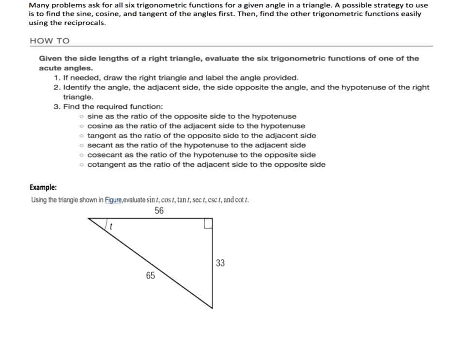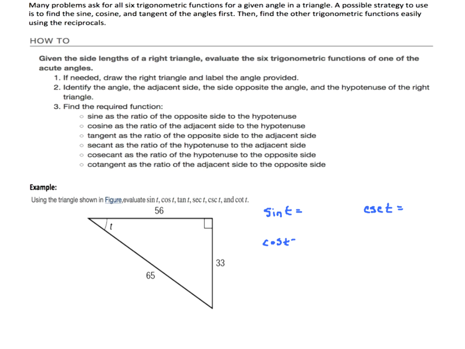So we're asked to find all 6 trig functions here. So what I'm going to do is set up, okay, I need to know the sine of t, and then once I find the sine of t, all I have to do is flip-flop it to get the cosecant of t. So I'll always set those up across from each other.